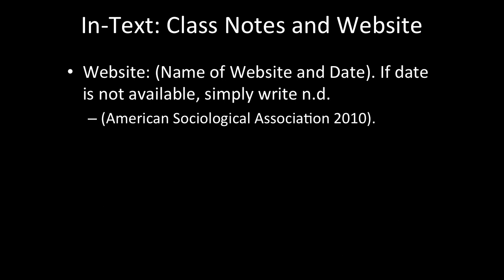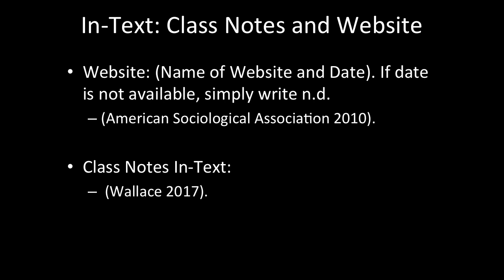If you are citing a website, simply write the name of the website and date in parentheses at the end of the sentence before the period. If a date is not available, simply write n.d. If you are citing class notes in text, you would simply put the last name of the author or speaker, which in this case would be Wallace, and the year that the presentation was given, 2017.